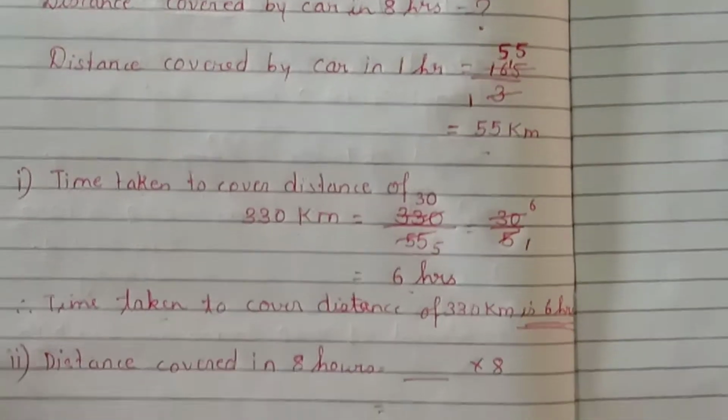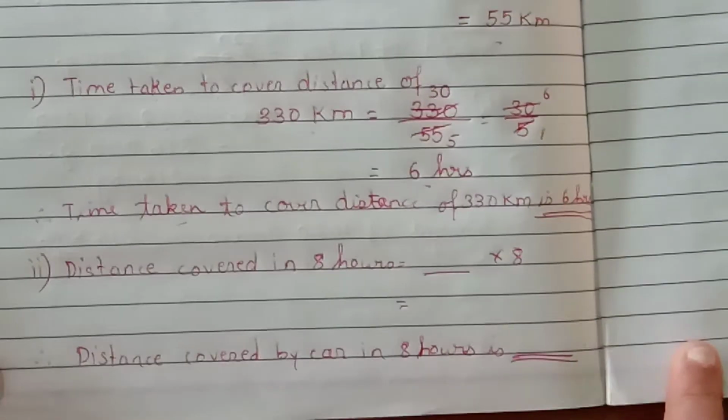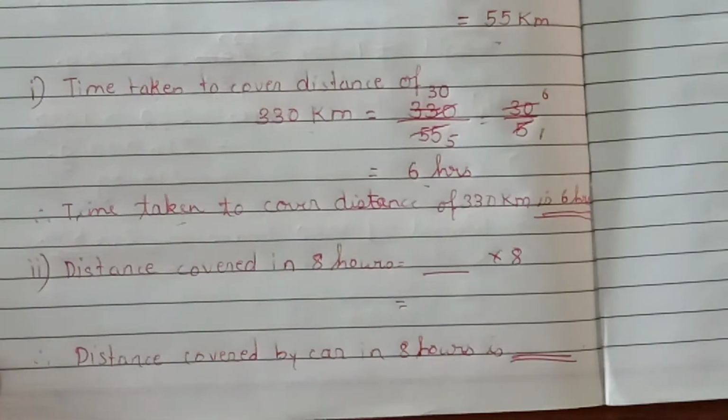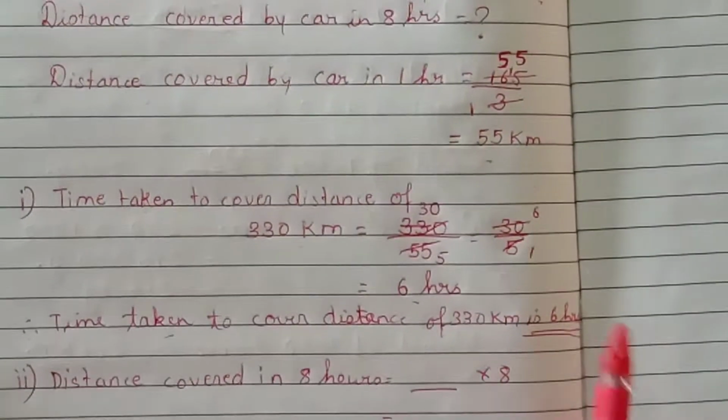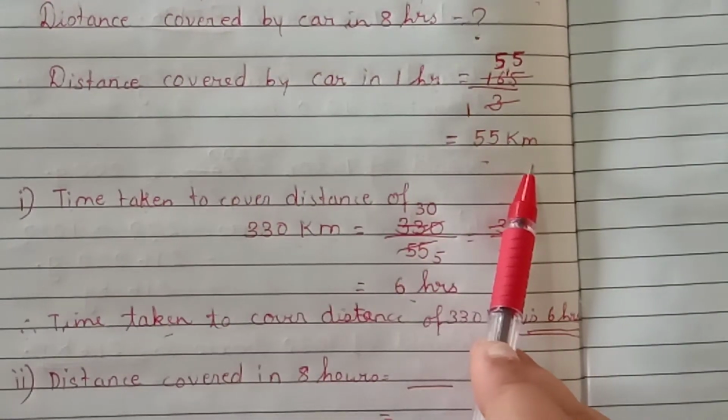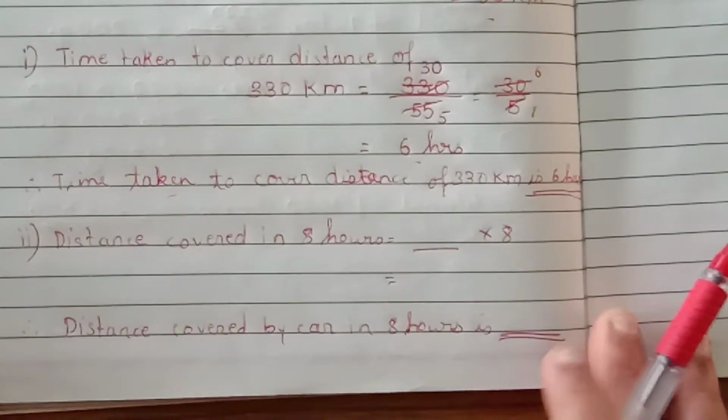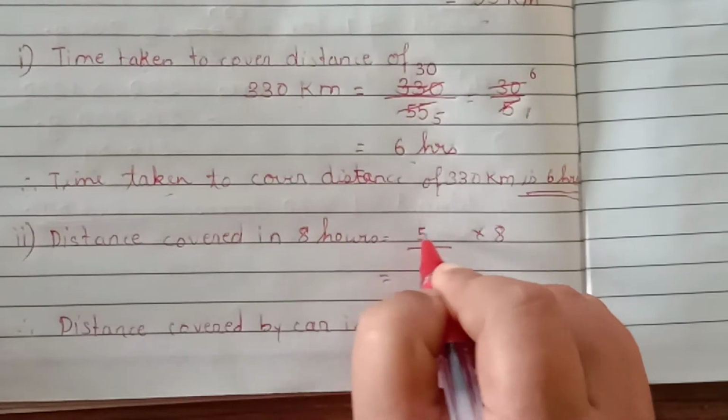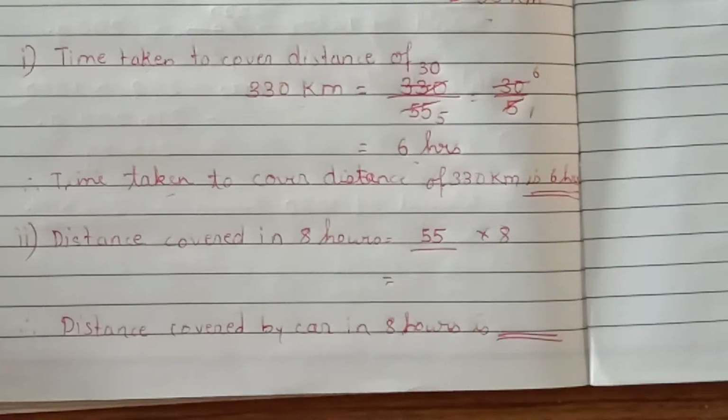Okay, now next what we have to find out? Distance covered in 8 hours. Yes, 1 hour's distance we know, 1 hour 55 kilometers. So multiply here 55 by 8. How much?